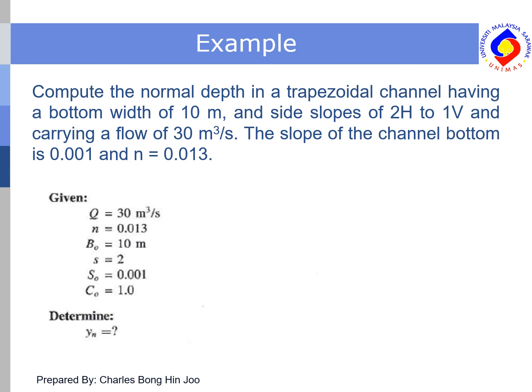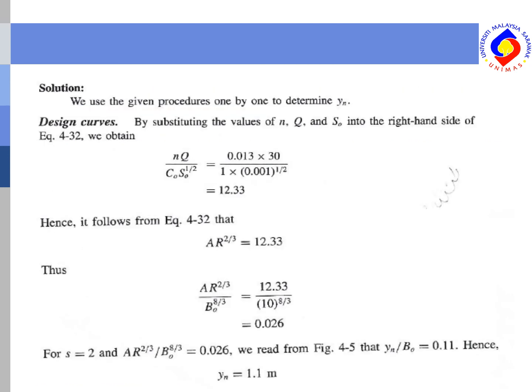So first, we list out the details given in the question. Q is given, n is given, the bottom width b is given, as well as the side slope of 2 and also the slope of the channel. From there, we can follow this procedure to calculate the yn.